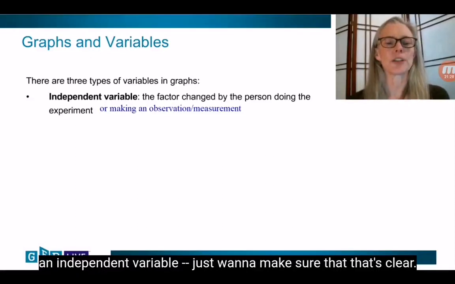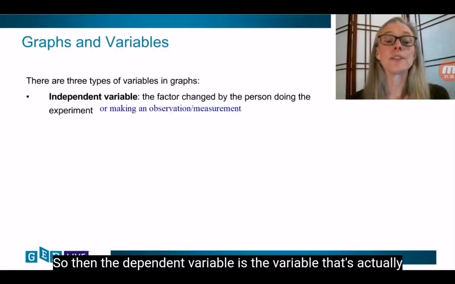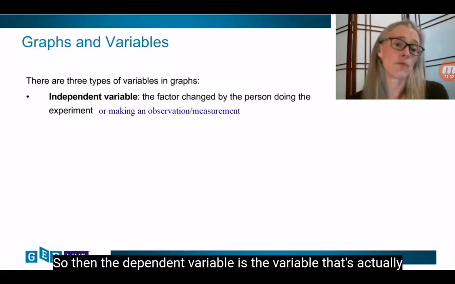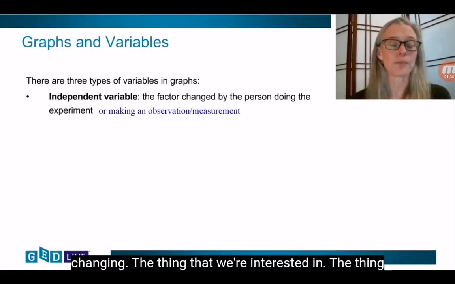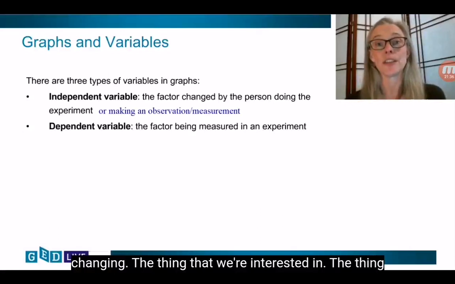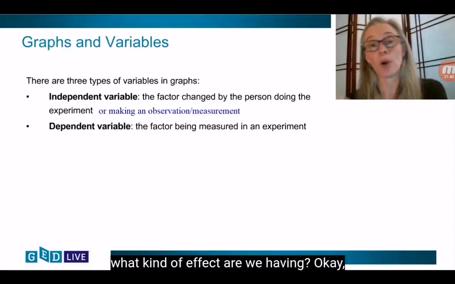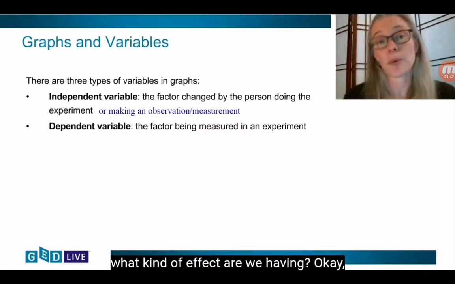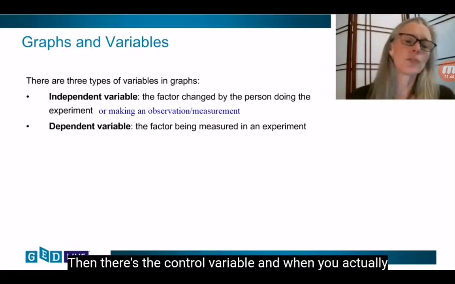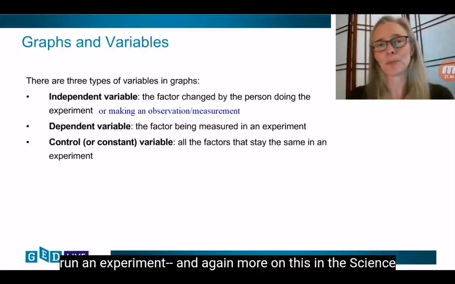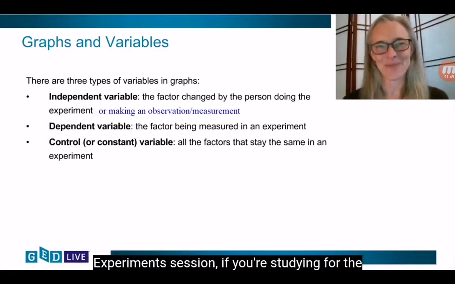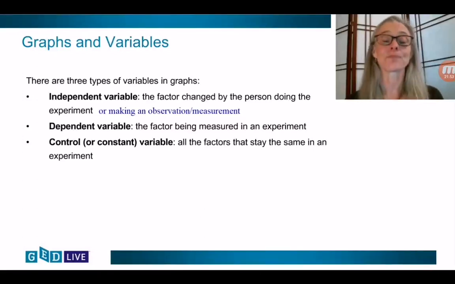I just want to make sure that that's clear. So then the dependent variable is the variable that's actually changing. Right? The thing that we're interested in, the thing that is being measured, that we're trying to look at, okay, what kind of effect are we having? Okay, then there's a control variable, and when you actually run an experiment, and again, more on this in the science experiments session if you're studying for the GED science test as well.